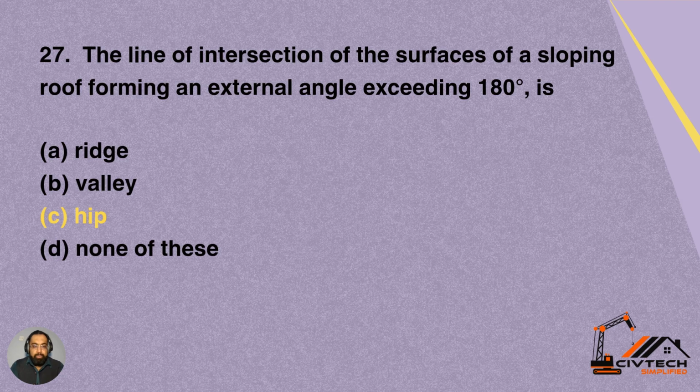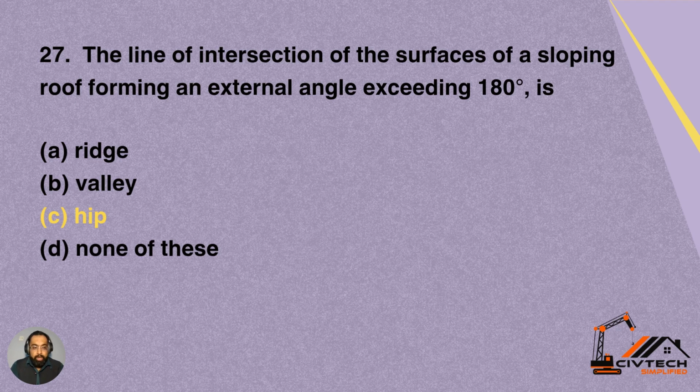Moving to question number 27. The line of intersection of surfaces of a sloping roof forming an external angle exceeding 180 degree is: A, ridge, B, valley, C, hip, D, none of the above.